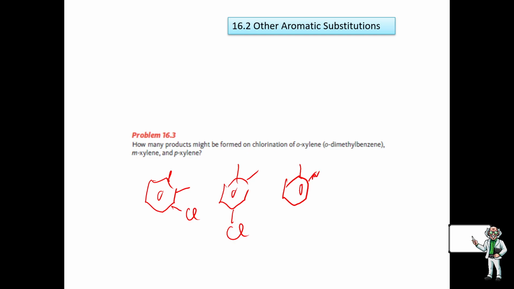If we put the chlorine in position 1, 2, 3, 4, 5, in position 5 also, sorry, we will get exactly the same as if we have it in position 4. Okay? If we have the meta-xylene, what we have, we can have the chlorine in this position, in the middle of the two methyls.